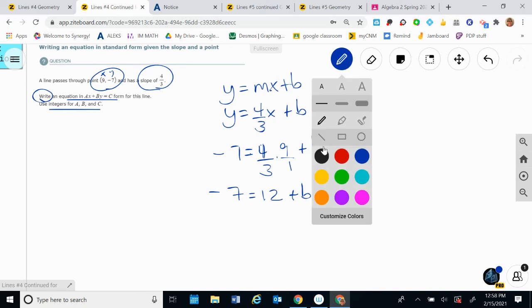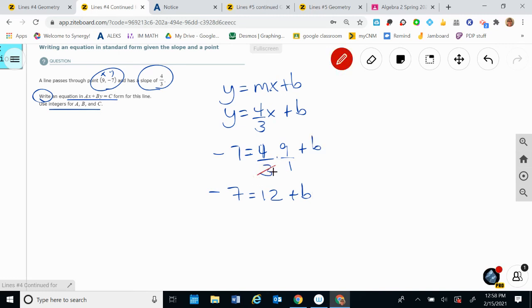Those of you that can cross cancel, not cross multiply, cross cancel: 3 goes into 3 once, 3 goes into 9, 3. And then you can see that 4 times 3 is 12. All right, subtract 12 from both sides, just solve for b, and you get -19. So, formula.